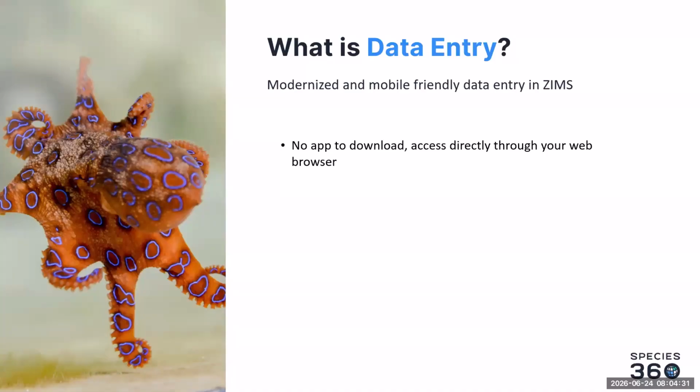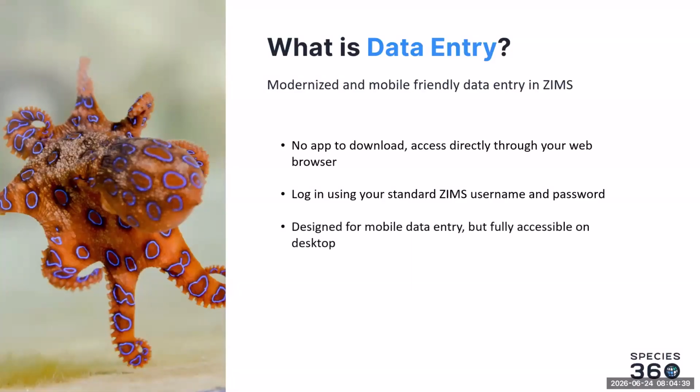You'll log in with your standard ZIMS username and password. Although it's been designed for mobile, it can be used from your desktop. And it's a great way to introduce new users to ZIMS when they're getting started recording basic data for their animals, such as notes or weights.